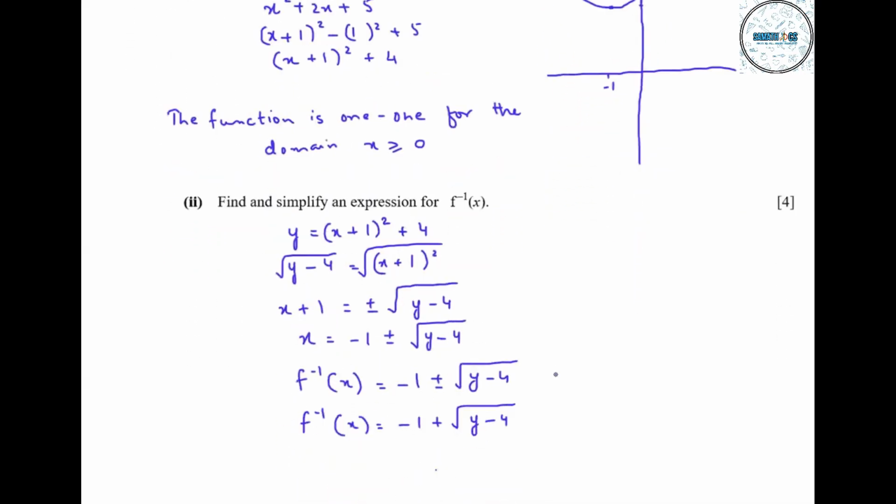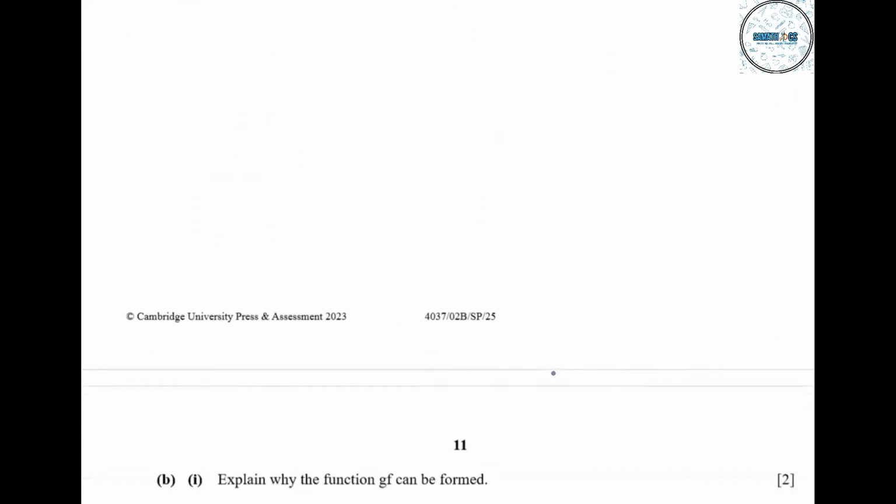So the range of function f, range of f of x, is greater than or equal to 5, and domain of g is x is greater than or equal to 0.